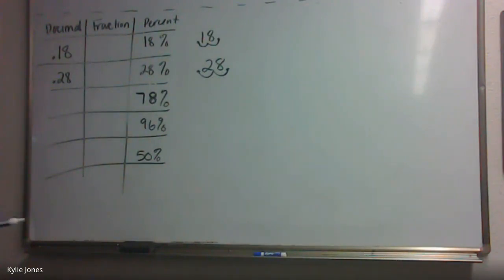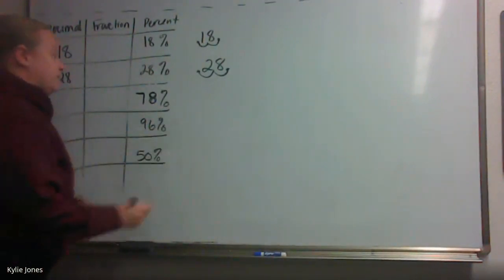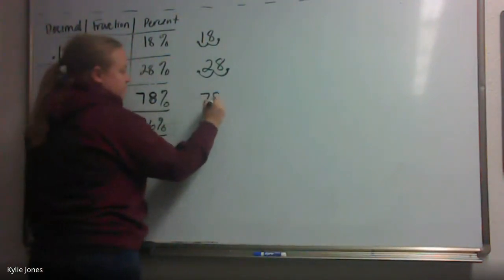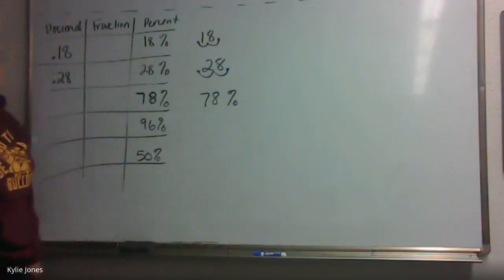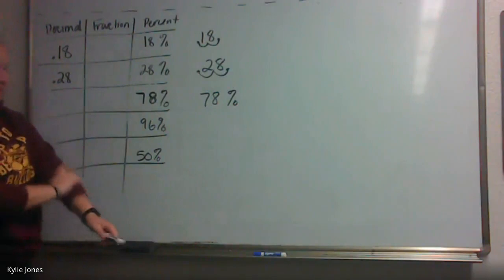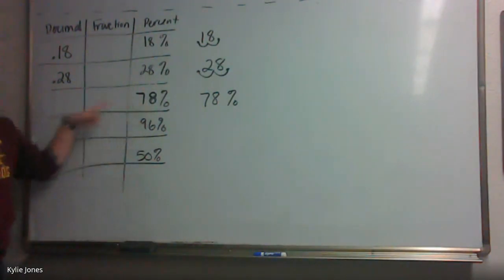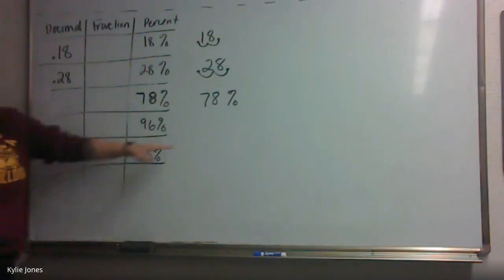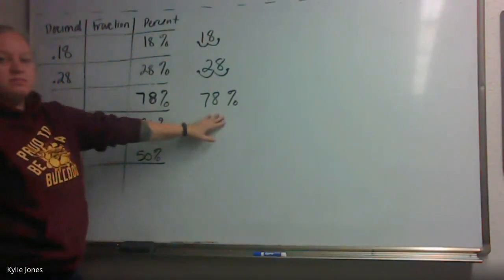All right. So 78% on this one. What do I do first to this number? If I want to change it from 78% to the decimal, what do I have to do first? You have to make it a decimal.